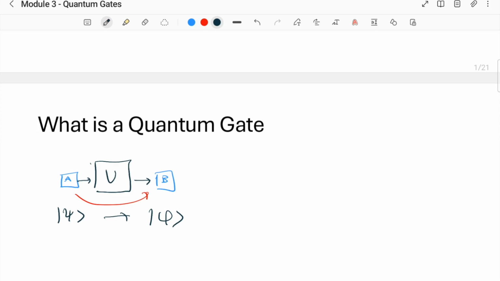We discussed how bits differ from qubits, therefore quantum gates must have some properties which, when they operate on a quantum state or a qubit, preserve the nature of the qubit, right? Because if we operate on a qubit, we don't want a bit in return, we still want a qubit in return.